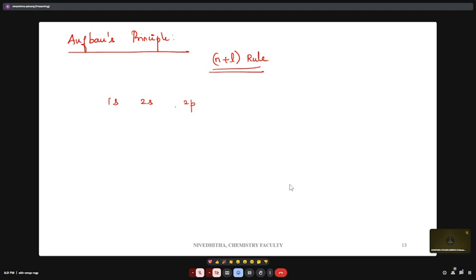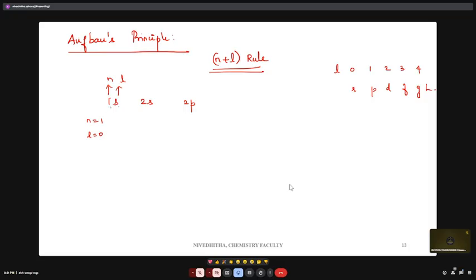Let us understand which orbital has lower energy. As I've told you already, this number represents the principal quantum number and this number represents the azimuthal quantum number. The azimuthal quantum number values are 0, 1, 2, 3, 4, which are s, p, d, f, g, h. So here n is equal to 1 and l is equal to 0. So what is the value of n plus l?